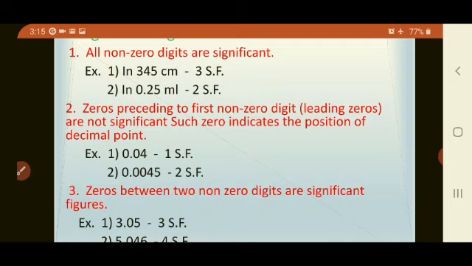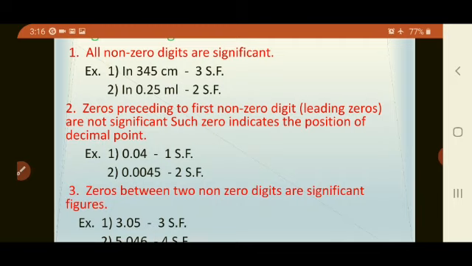So, here are the examples. In 345 centimeter, how many non-zero digits are there? 3. So, how many significant figures are there? 3. Like this in second example, 0.25 means 2, 5 are only non-zero digits, hence 2 significant figures are there. Second one, if zeros are there, how it is taken? Now, the position of 0 may get changed.